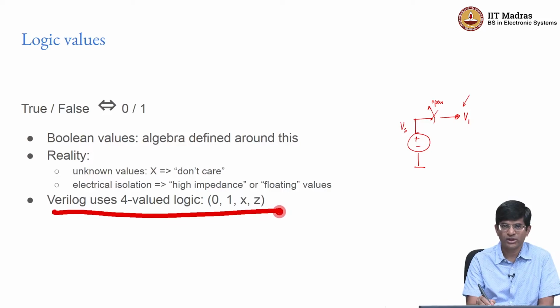Ideally, we would like to use only zeros and ones, but they also bring in a concept of x as an unknown and z, or sometimes it's called a high z. So I'll be using the term z or high z interchangeably over here, right? 0, 1, x and z are the 4 values that are used to indicate the different possible states that a signal can be in.